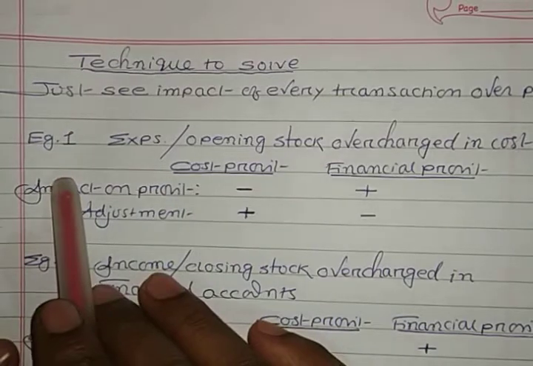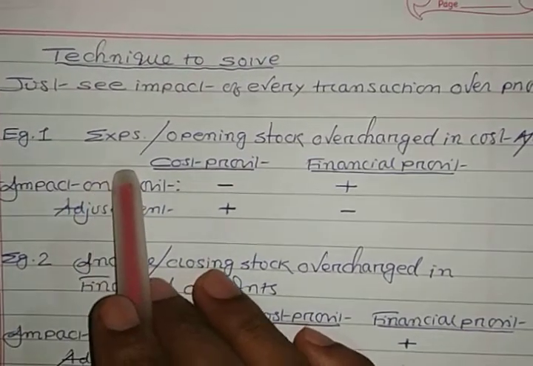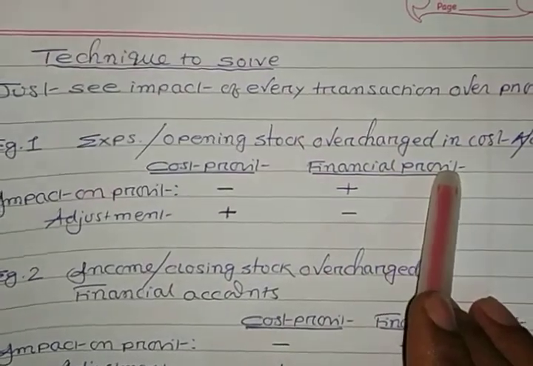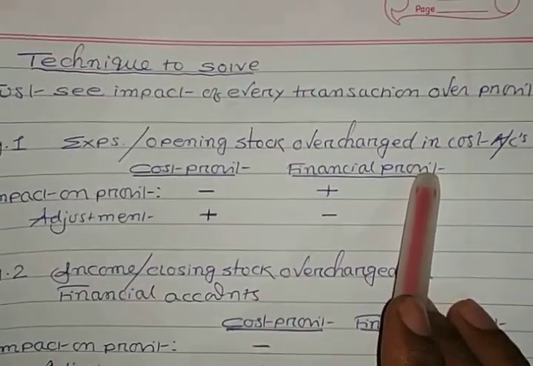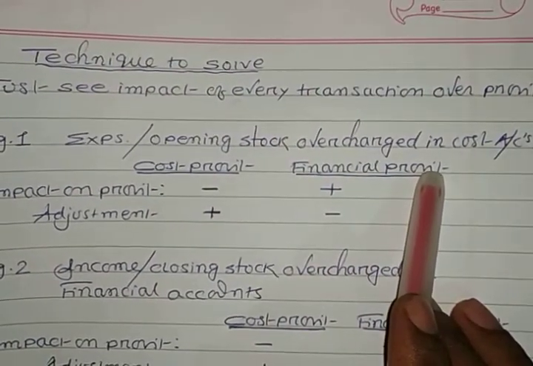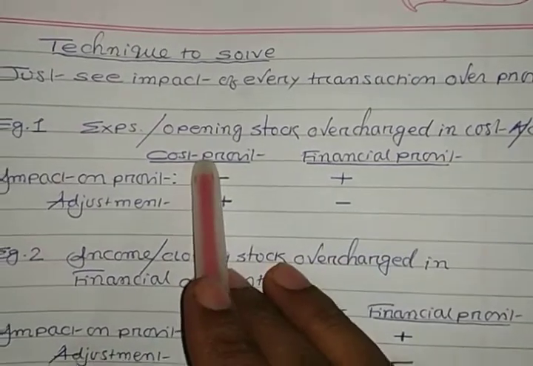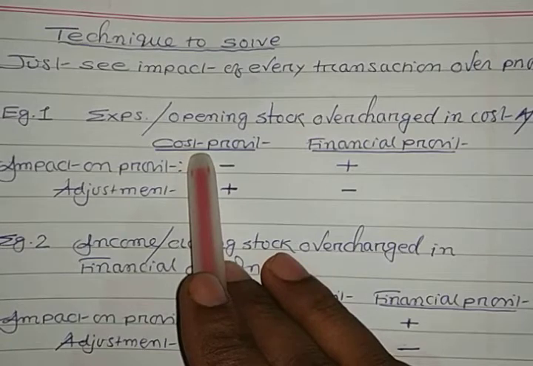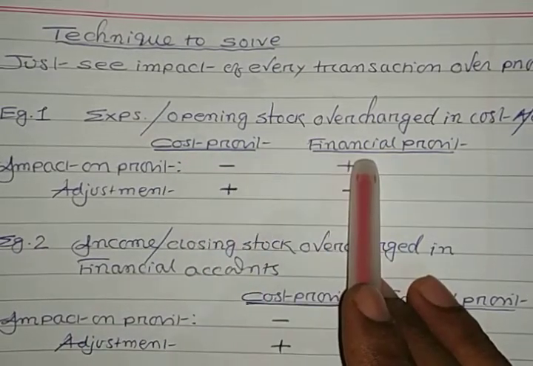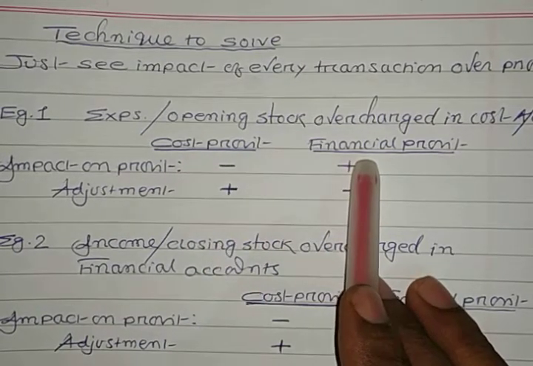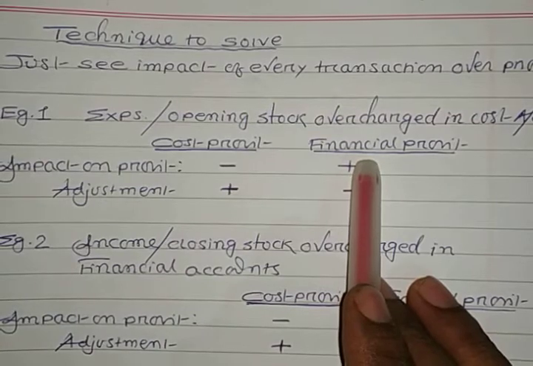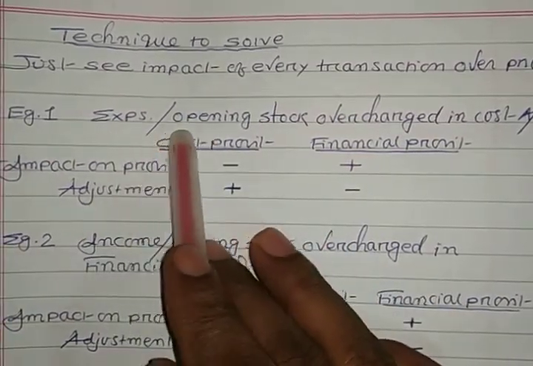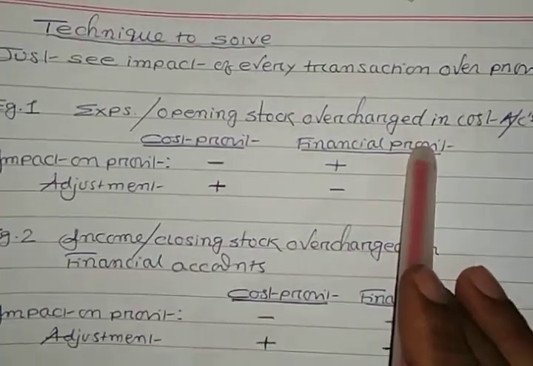Now you see one example here taken, like expenses or opening stock overcharge in cost account. Right? What does it mean? What you have to do, just for understand, you do like this. One side is cost profit and the other side is financial profit. Now you have to check what will be the impact on profit when this statement is given: expenses or opening stock overcharge in cost accounts.